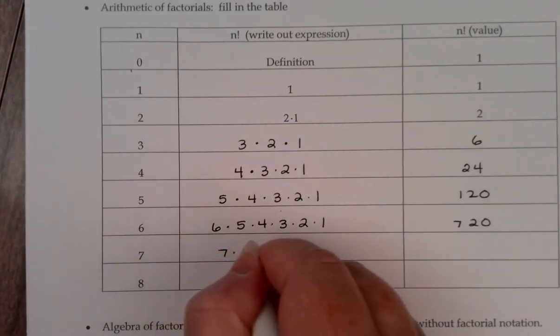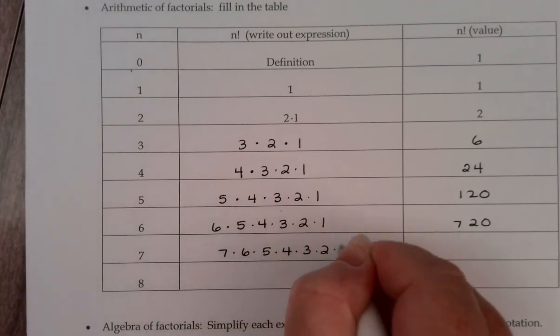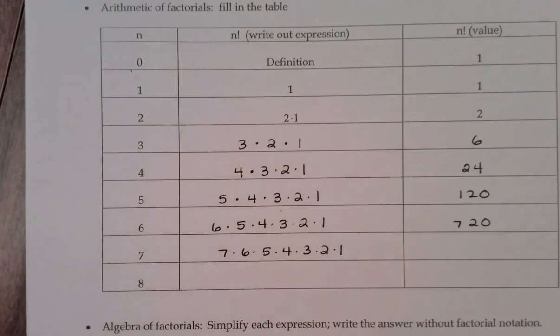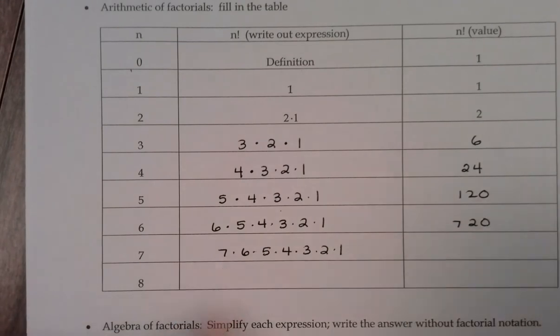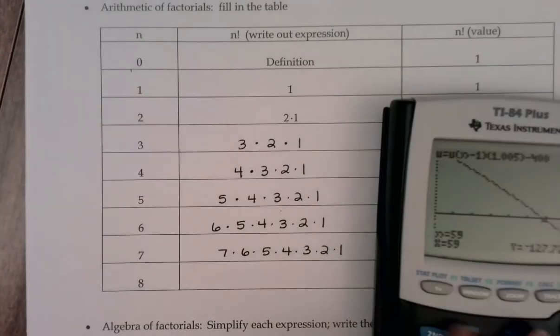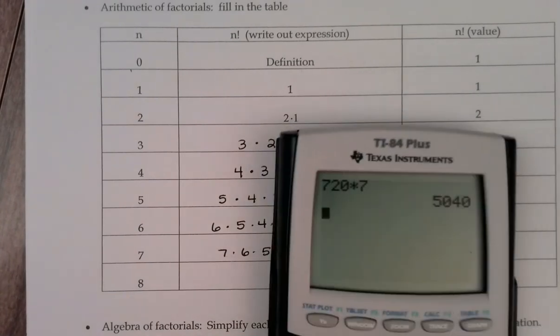Our 7 factorial, let's write it out. And that's as high as I know them, so I'm going to use my calculator to do that. Notice it's just the 720 times 7. 5,040.